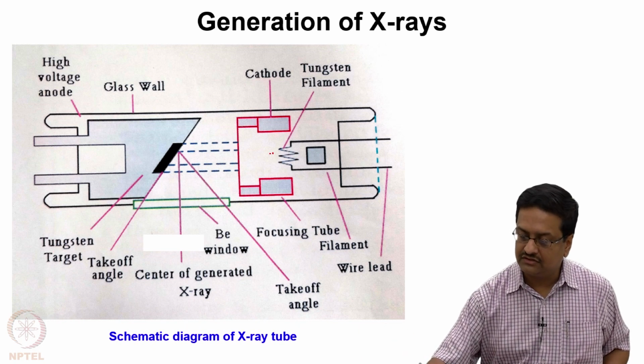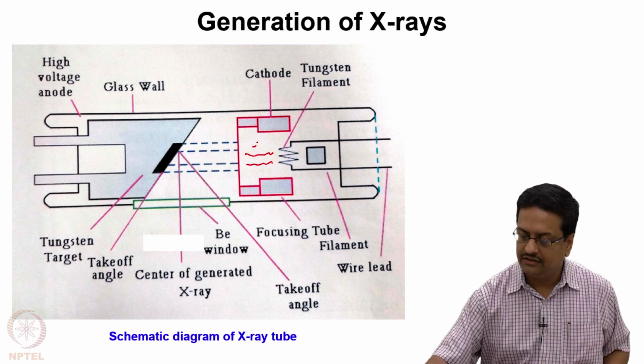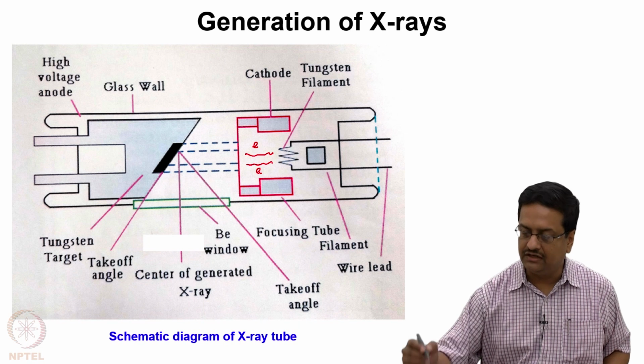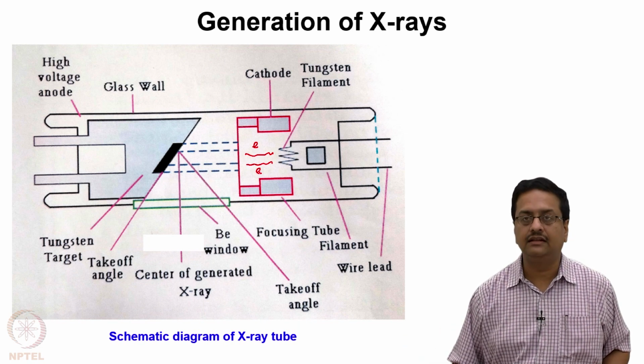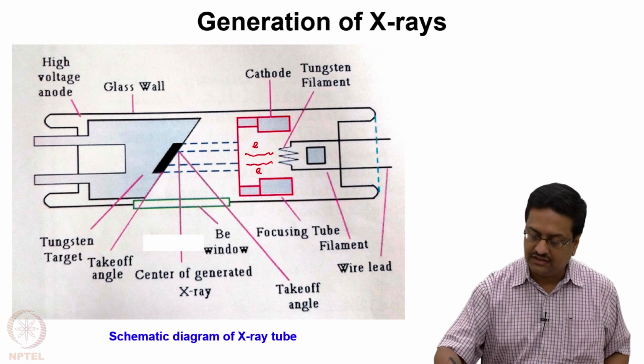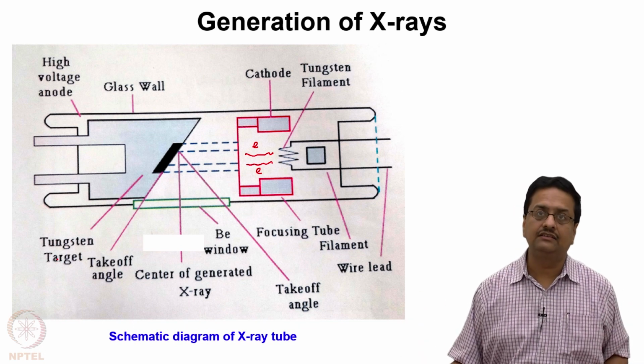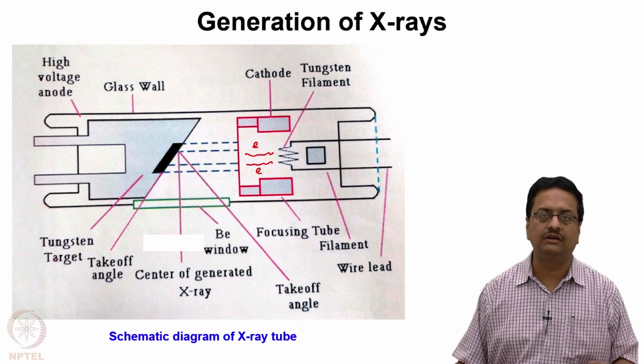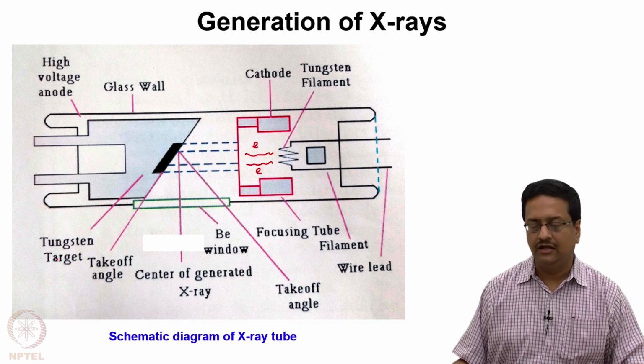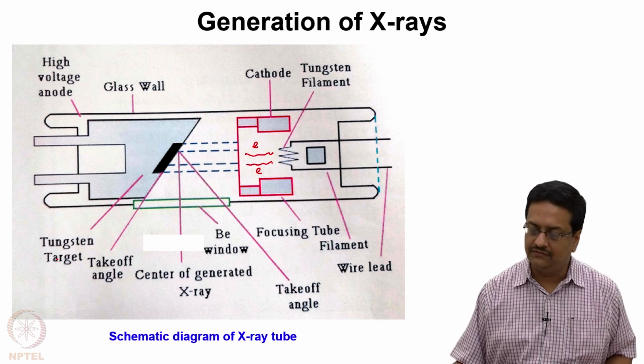Those electrons are emitted from the filament and allowed to run towards the anode, because in X-ray crystallography we generally use copper, molybdenum or silver as anode because of their characteristic wavelengths.